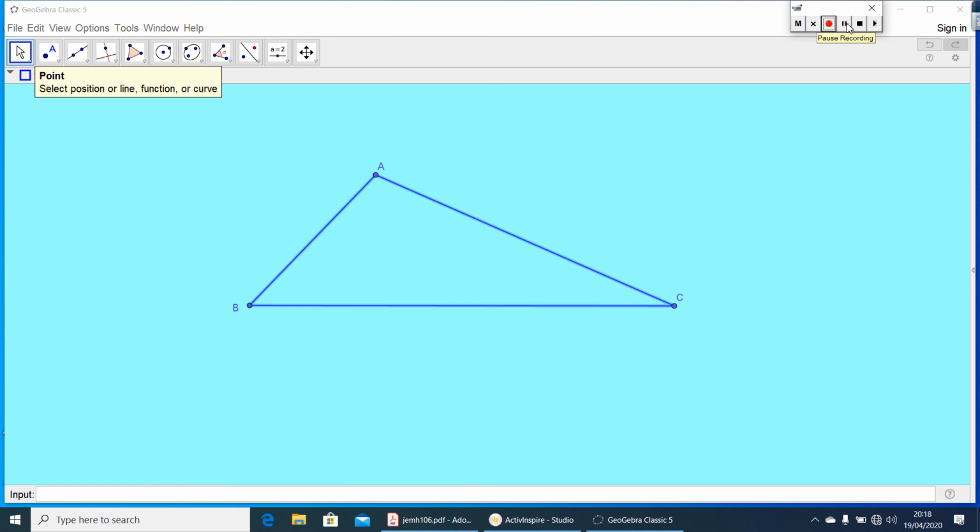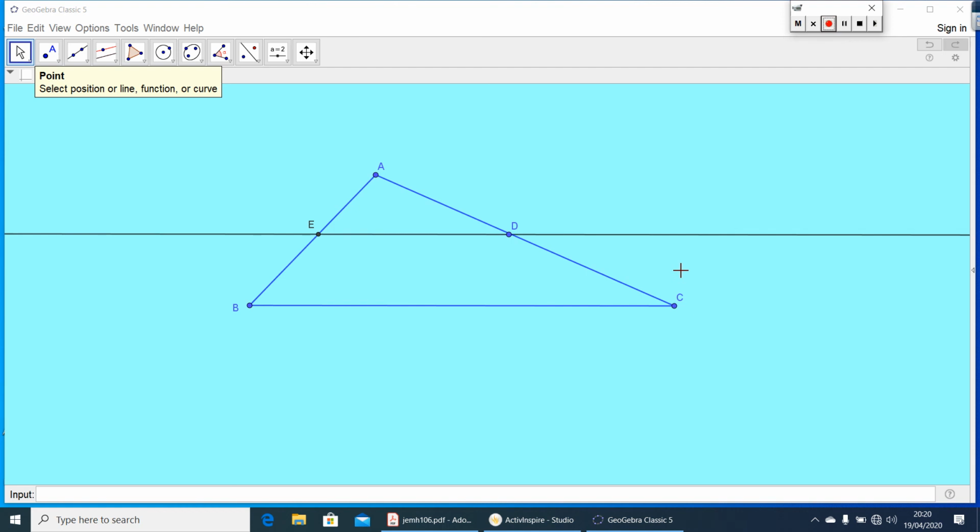Here is a triangle ABC. Let me draw a line parallel to BC, intersecting the other two sides of the triangle in distinct points D and E respectively. Then it divides the other two sides in the same ratio, that is AE by EB is equal to AD by DC.